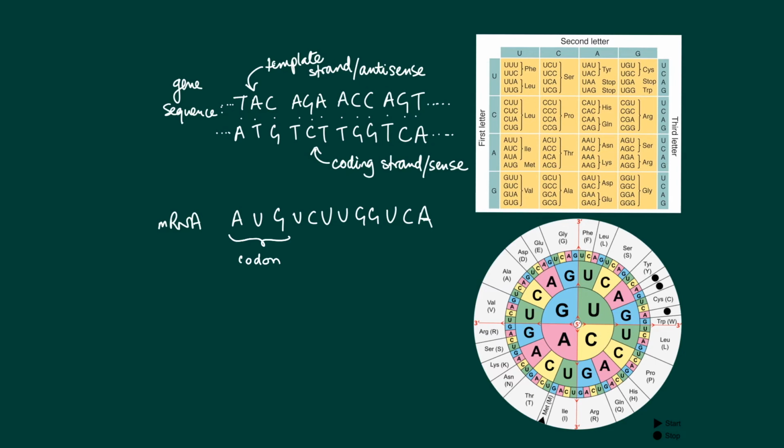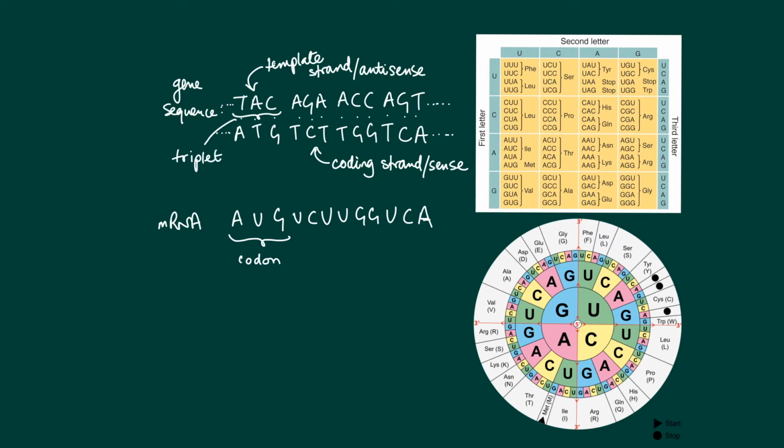The sequence of 3 bases on the mRNA that determines which particular amino acid is going to be added to the chain is called the codon. Relating to that, we're going to add an annotation back on the DNA molecule: the sequence on the DNA strand that gives rise to our codon is called the triplet.